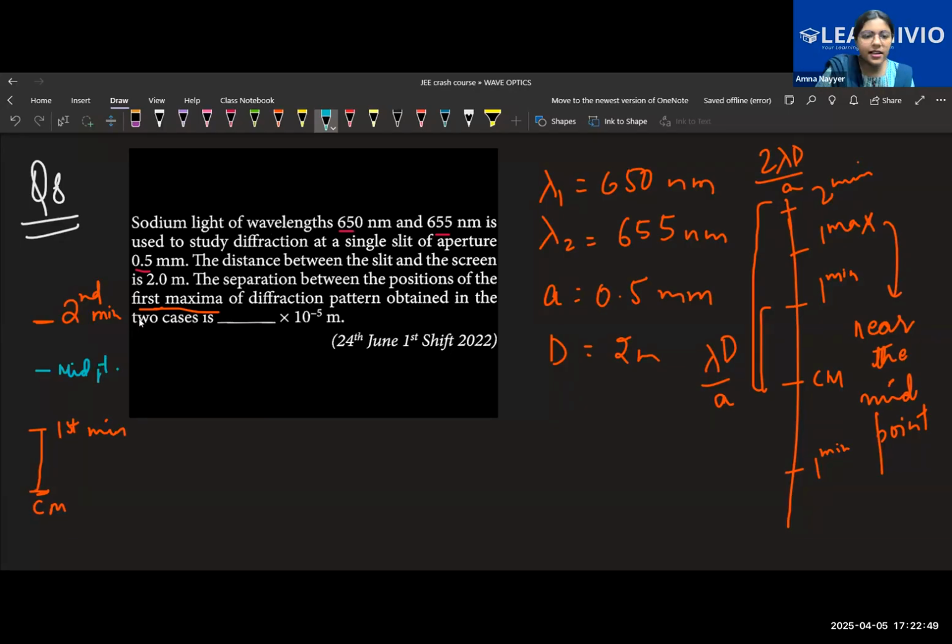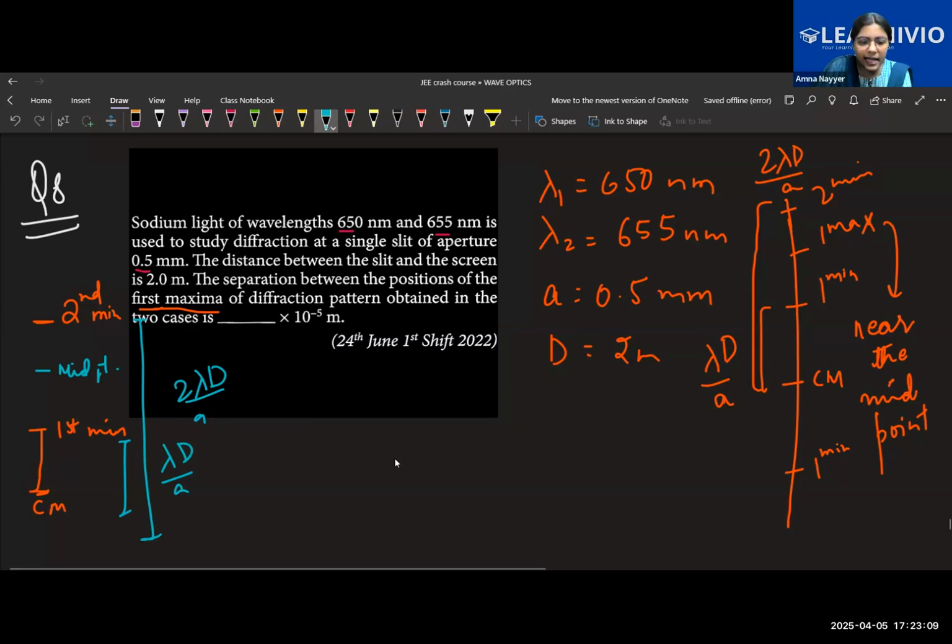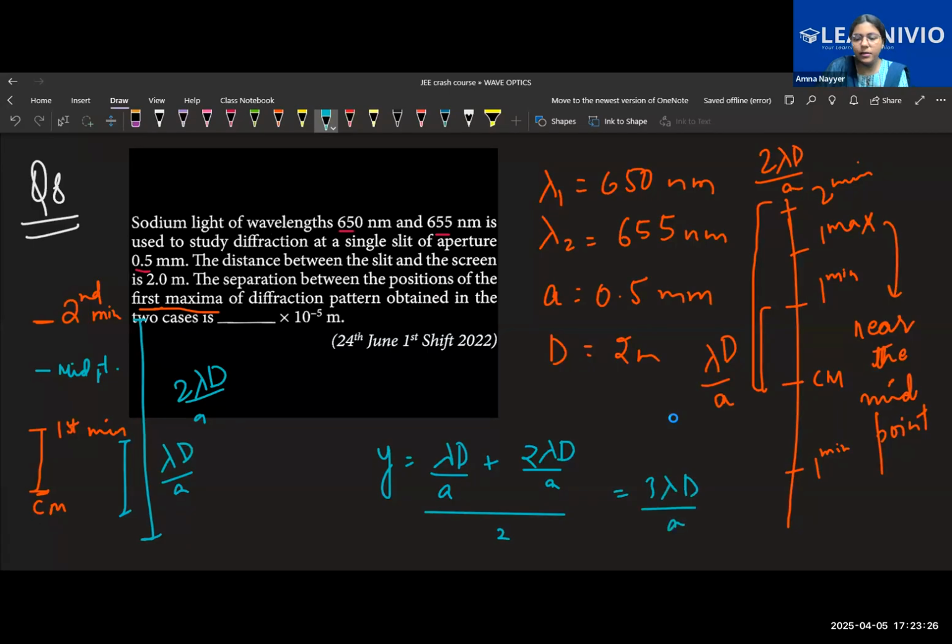So I know this distance is 2 lambda capital D by A, and this distance is lambda capital D by A. For the midpoint, I should calculate the average. So y will be lambda capital D by A plus 2 lambda capital D by A, divided by 2. So this will be equal to 3 lambda capital D by 2A. Got it?